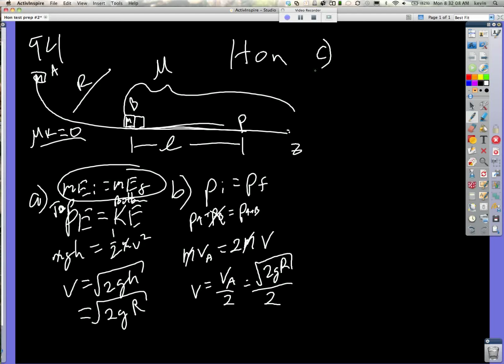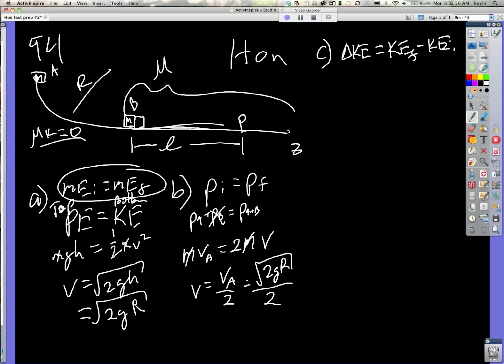And I think once I write that, you can do this, right? It's not that crazy. So you say KE final is going to be 1/2 times 2m times v squared, minus, and what was moving before the collision? Yeah, just m, at VA, so it's 1/2 m VA squared.